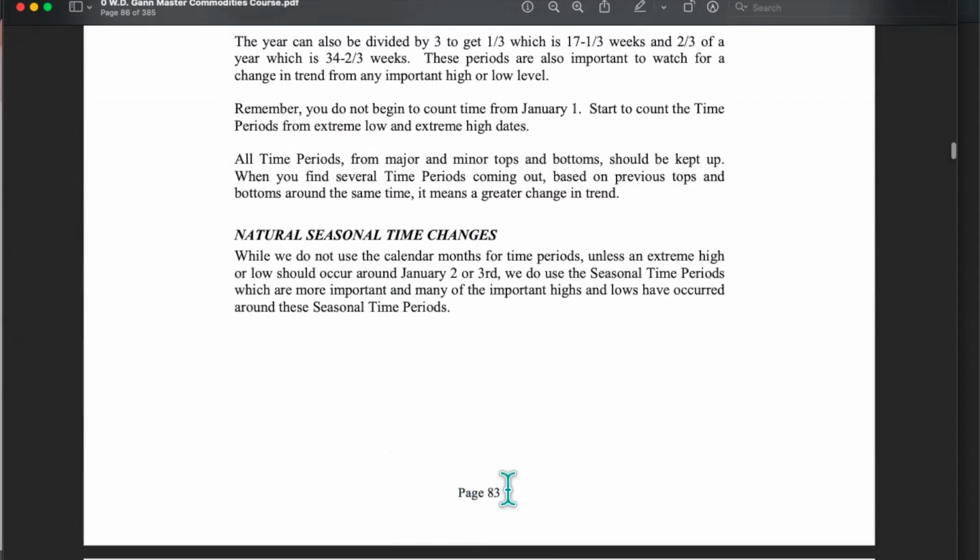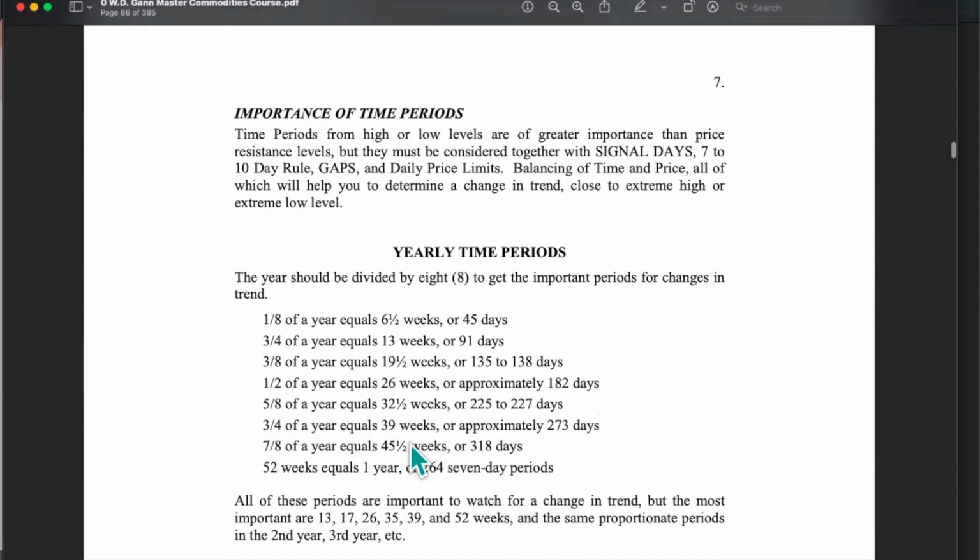Now we come to page number 83 and look at this chart. What he says is, again, the entire circle is divided into a number of days. So this is again like 1 by 8. When you have 1 by 8, it comes to 45.